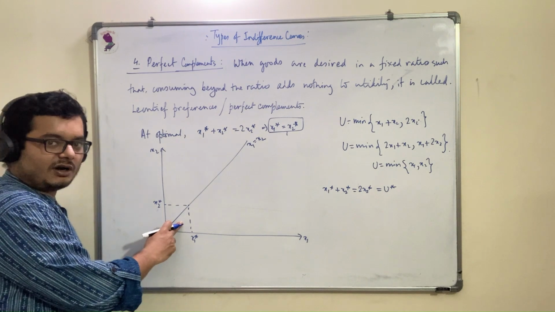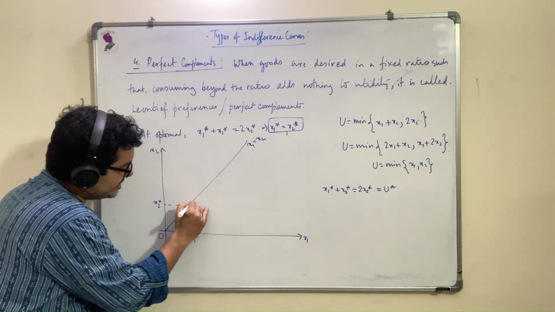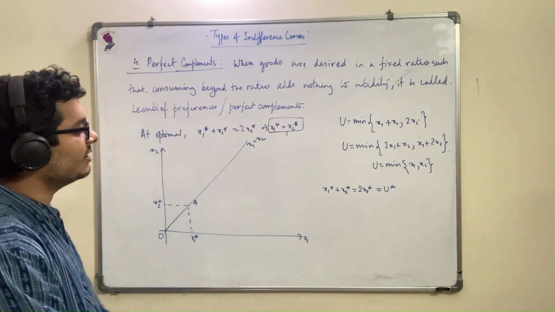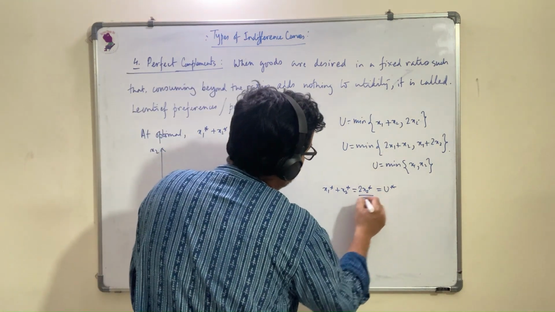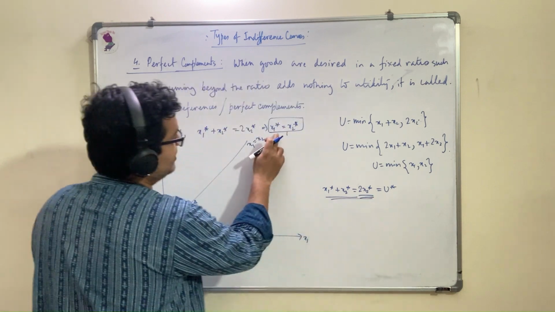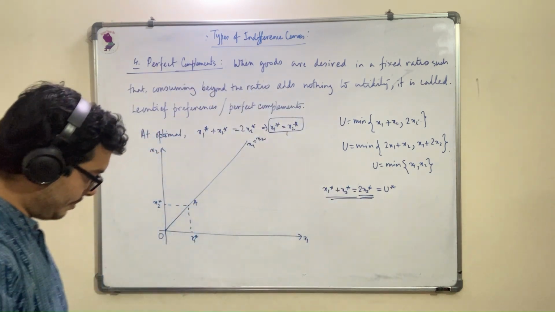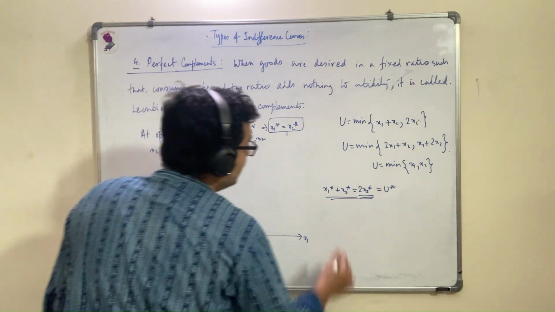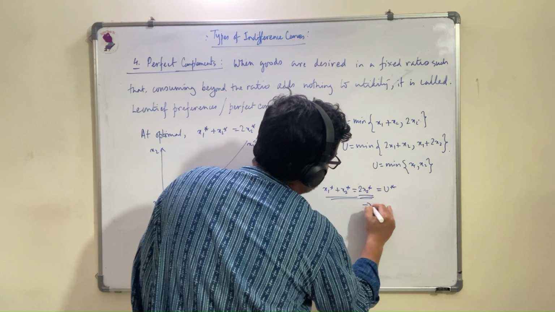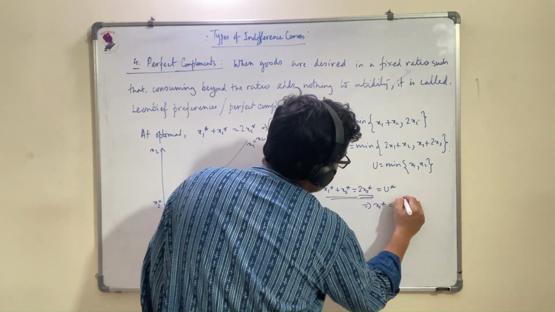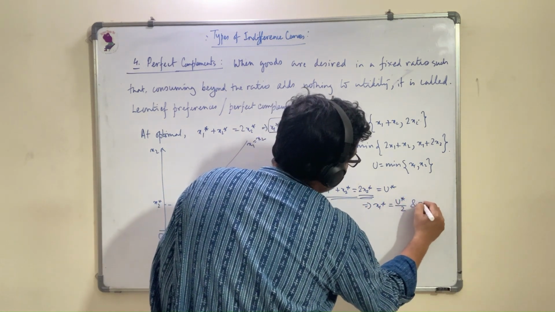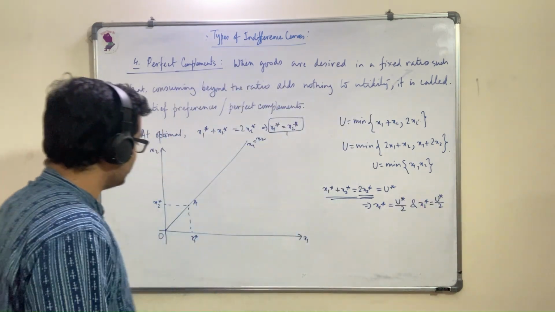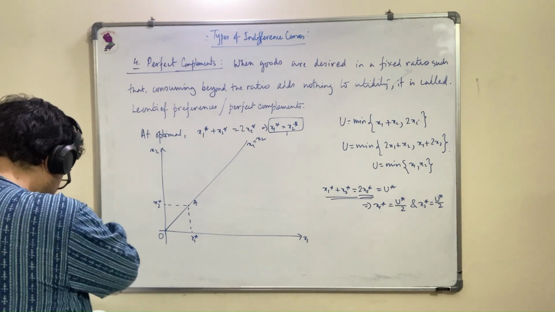So if I am drawing an IC including this point, let us say this is A, then the utility will be this value, right? Because at optimal they are same. Now, this implies that x1 star is u star by 2 and x2 star is also u star by 2. So this is going to help us.